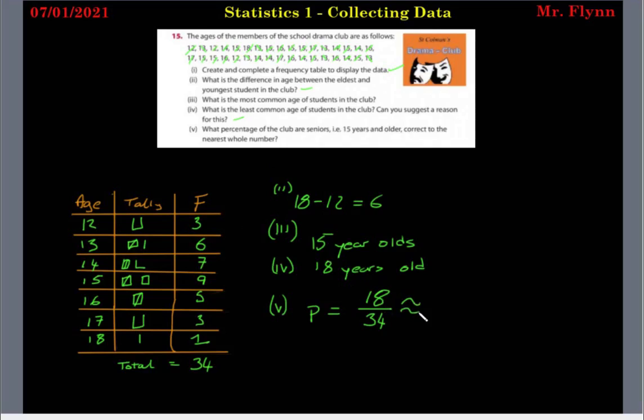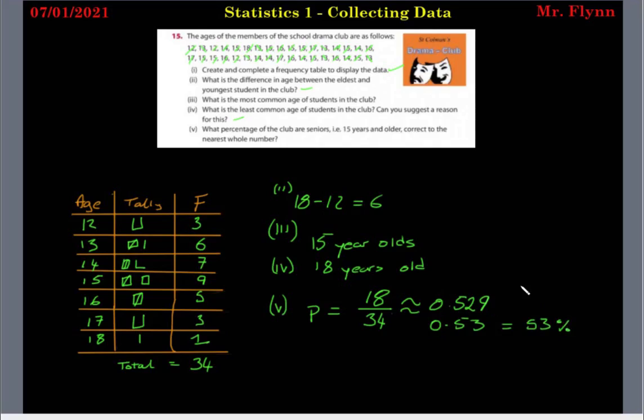So if we come down, all right, so that's equal to, what is it, 0.529, all right, correct to the nearest whole number is 0.53, which is equal to 53%, all right.